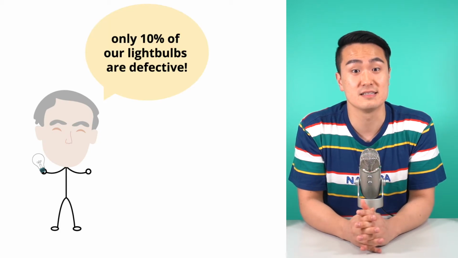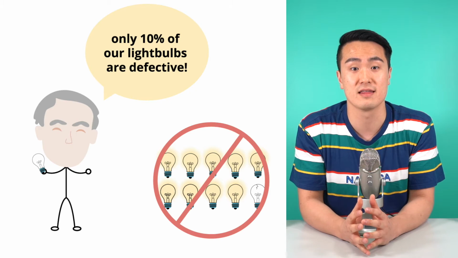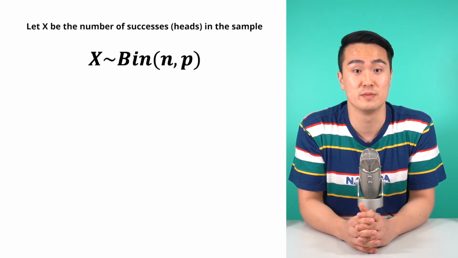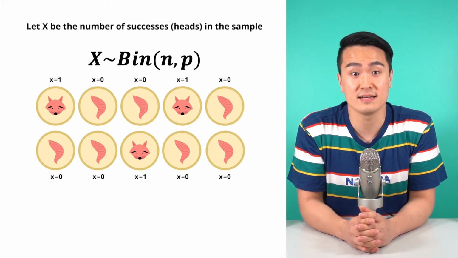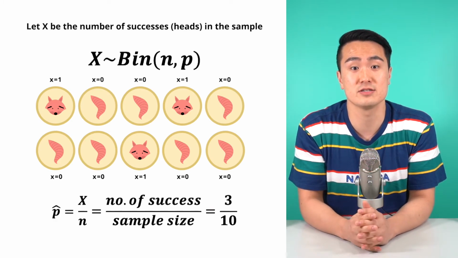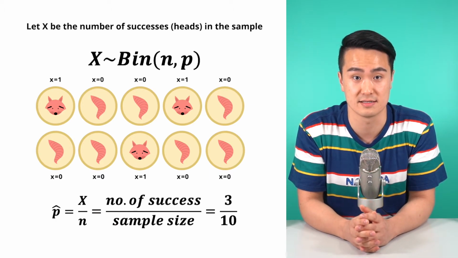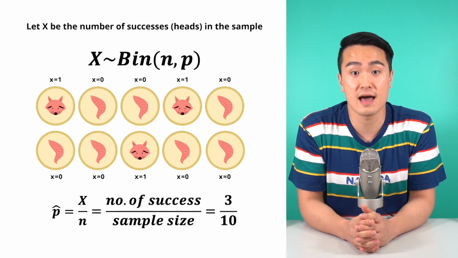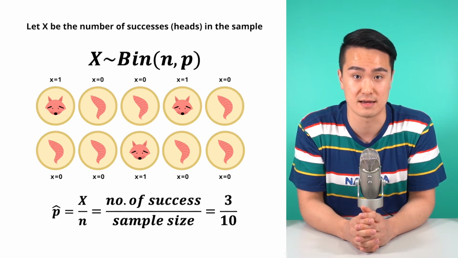Or Edison is interested in the proportion of defective light bulbs from his factory rather than the actual number. So let X be the number of successes in a sample, which means X will be binomially distributed. The sample proportion p hat is defined as this because it's just equal to the number of successes in the sample out of the total sample size, n. So p hat is another random variable that records the probability of success of a sample.